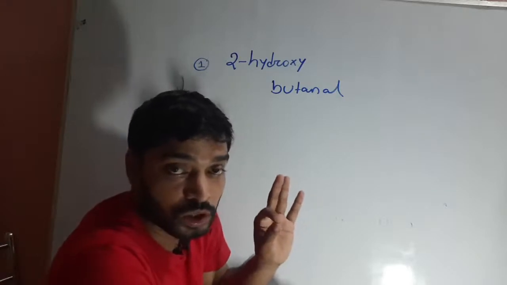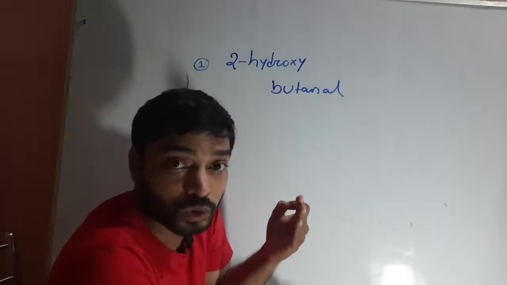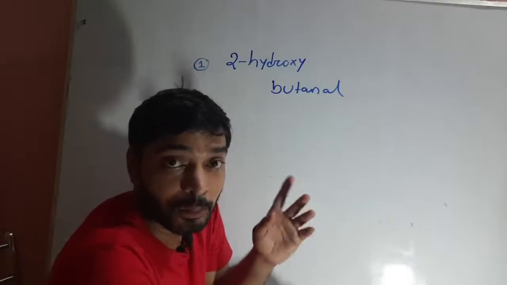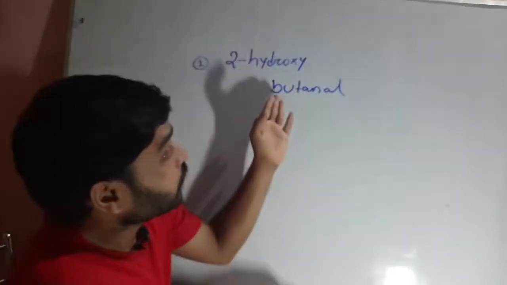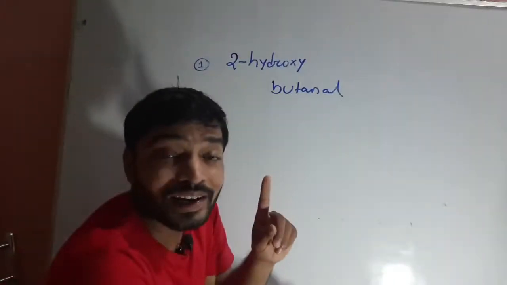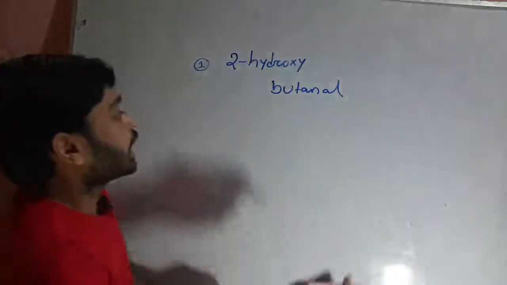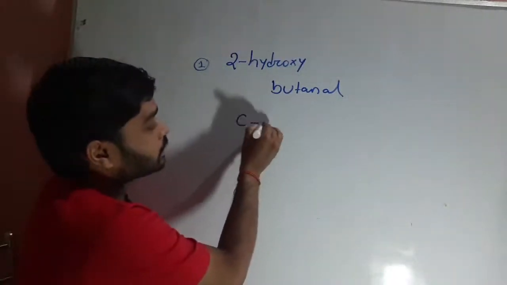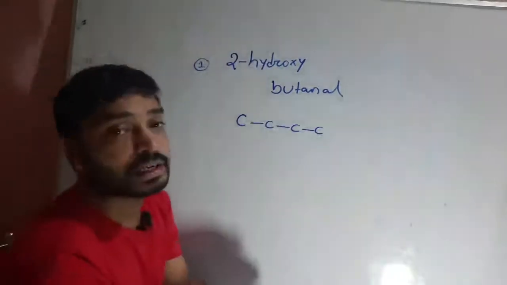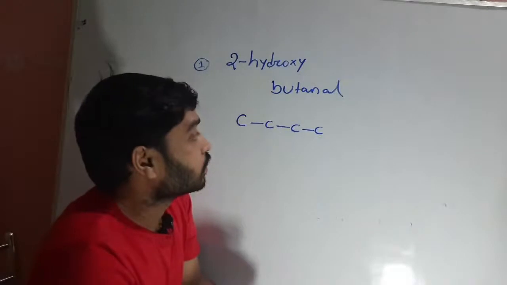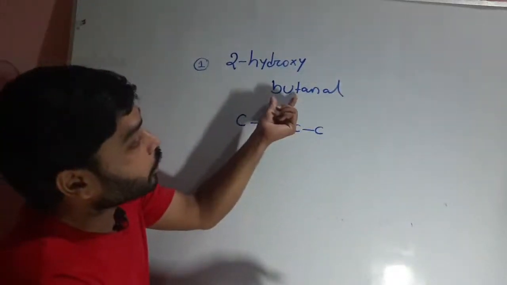You need to choose the word root which expresses the maximum, principal, or longest chain. Here 4 carbons are present, due to which the word root but is used.